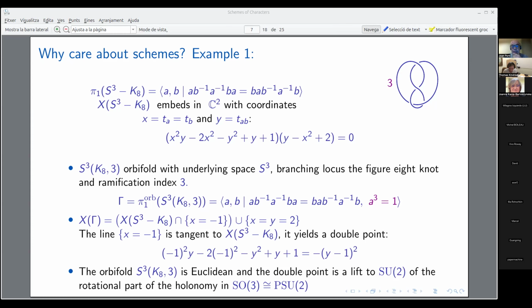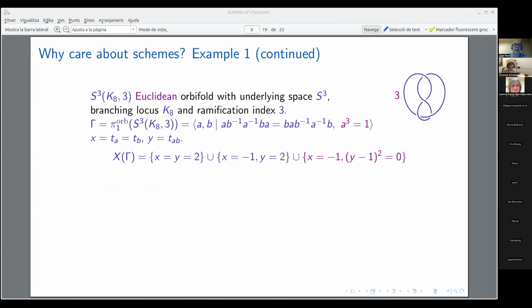Okay, that's why we get a double point. And the question is why this is a double point? The explanation I try to give in the next slide is that this orbifold is Euclidean, and the double point is related to a lift to SU(2) of the rotational part of the holonomy. Okay, so let me explain this in the next slide.